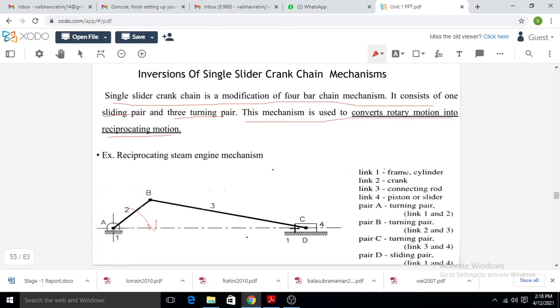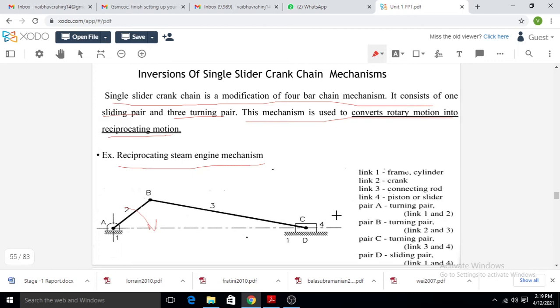The reciprocating steam engine mechanism is the first inversion of the single slider crank mechanism. At points A, B, C the turning pair is present, and at point D, between link 4 and link 1, the sliding pair will be present.